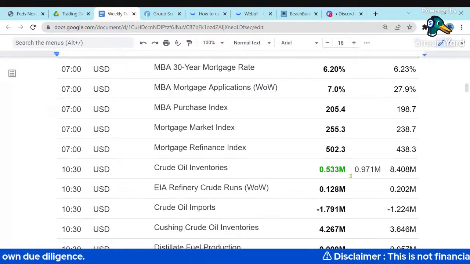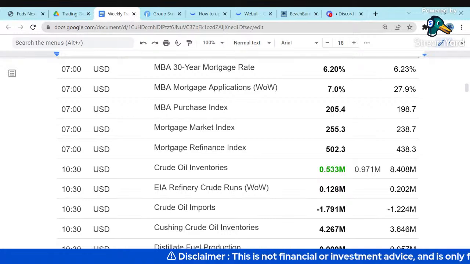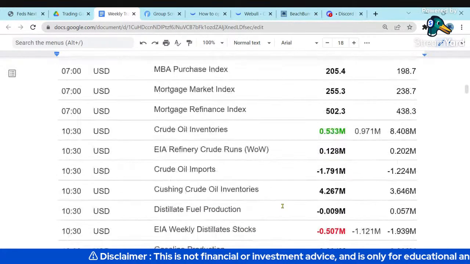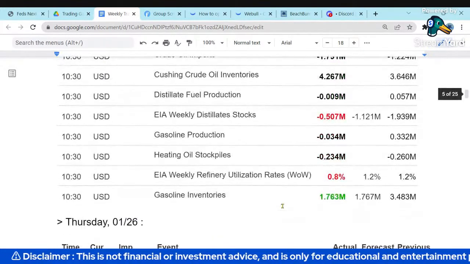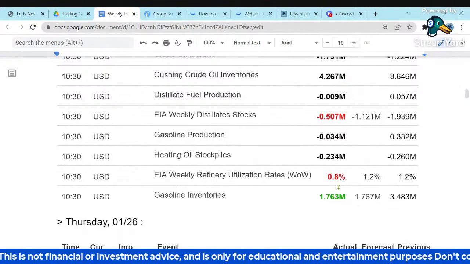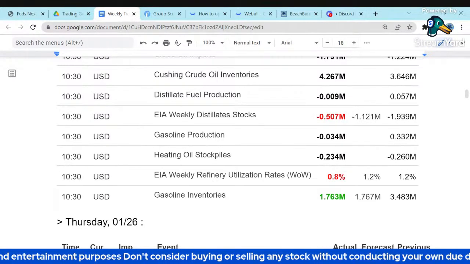Again, crude oil inventories were significantly down, slight build, but still down. Utilization was also quite a bit down. You can see refinery utilization was down, and even despite that, the price of oil went up to like 81, 82 at that time frame and didn't break down till later in the week.